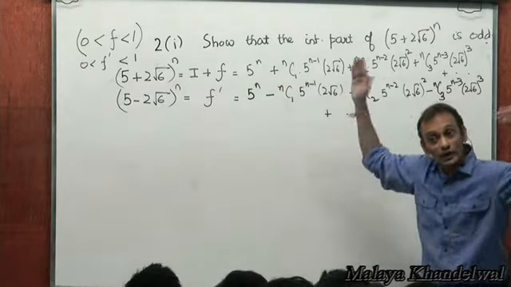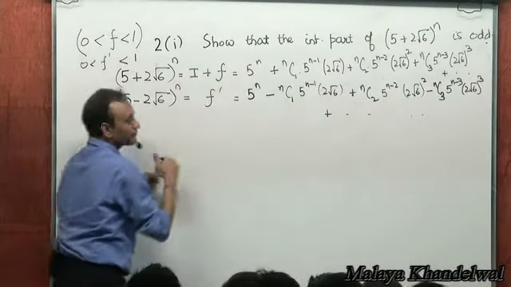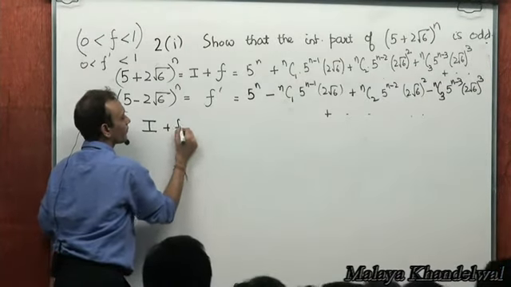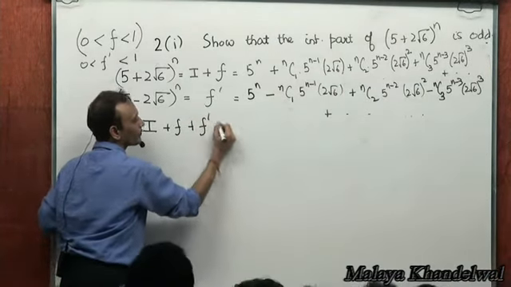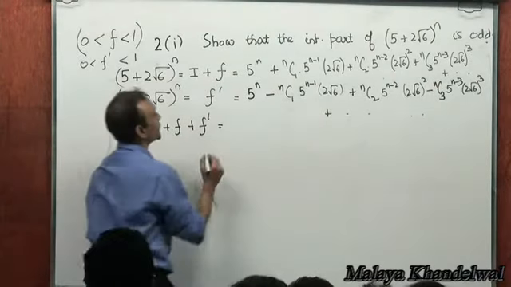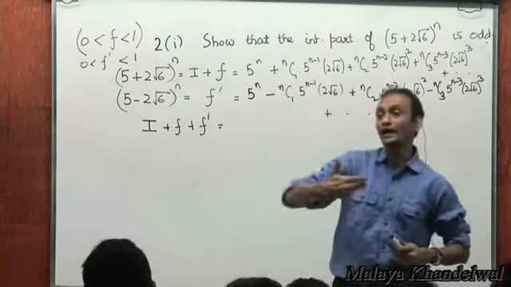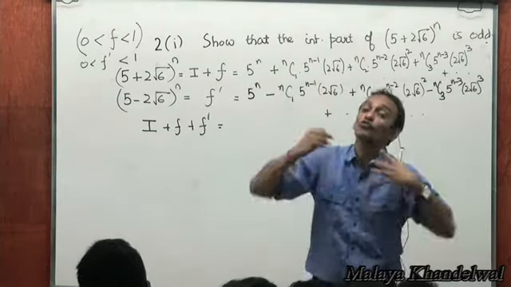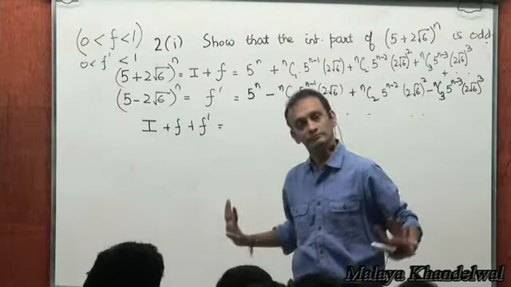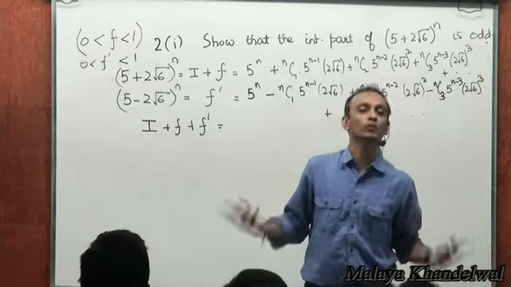So let me vertically add I plus f prime. What I'm left with is simply the following. In certain cases I need to add, in certain cases I need to subtract. The whole idea of adding or subtracting will depend on what would cause the irrational parts to get weeded away, so that the right hand side is an integer, easier to deal with.